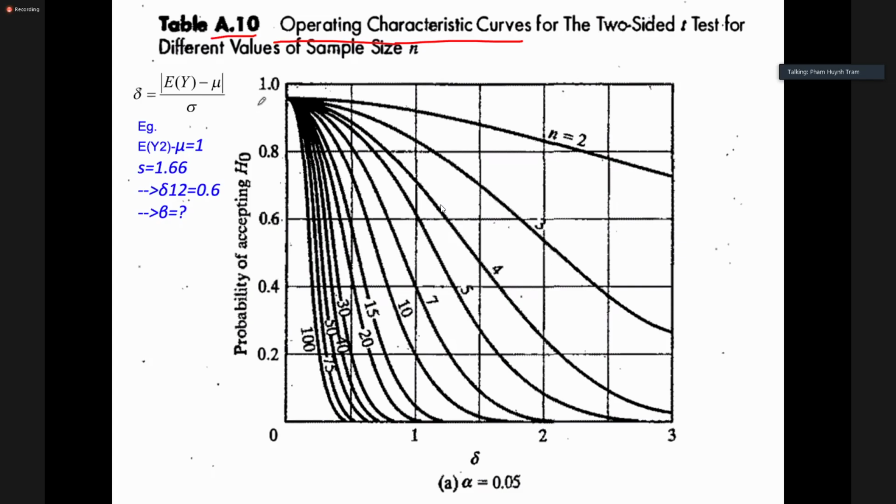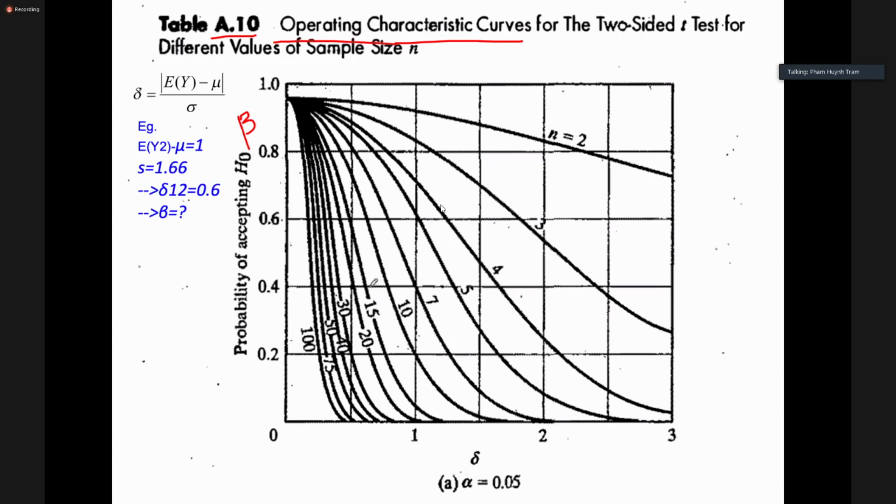Right. So the y-axis here is the probability of accepting our null hypothesis. And in this case, we are talking about an invalid model. We are accepting an invalid model. So the y-axis is beta. It's the probability that we accept an invalid model.